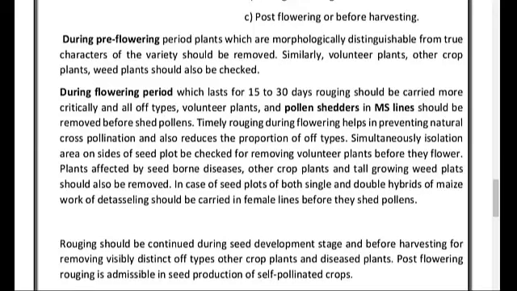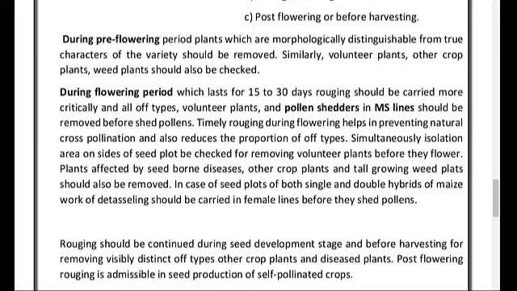This happens during flowering, so this is a kind of problem. Finally, roguing during flowering helps in preventing natural cross pollination and also reduces the proportion of off-types. Simultaneously, in the isolation area on the side of the seed plot, we check for and remove volunteer plants before they flower. Plants affected by seed-borne disease, other plants, and tall-growing weed plants should also be removed.